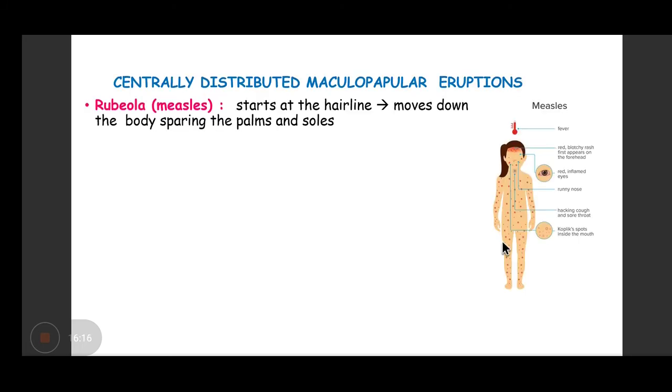For example, centrally distributed maculopapular rashes are present in measles, in rubella, in infectious mononucleosis, in erythema infectiosum, which is fifth disease caused by parvovirus B19.